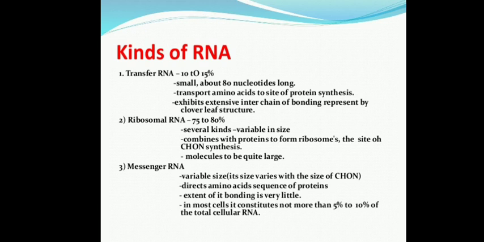Second type of RNA is ribosomal RNA or rRNA. Now the ribosomal RNA is also single stranded but may be variously folded and show complementary base pairing at the folds.